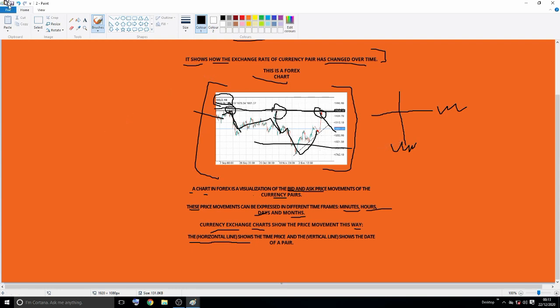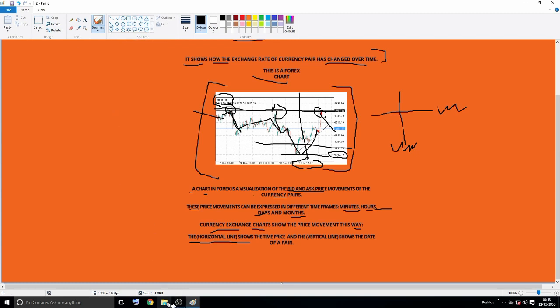So let me show you here. As you can see, this is a price and this is a date. This line shows the date, and this line shows the price. I will again explain this on a live chart, where you can see exactly what it means.